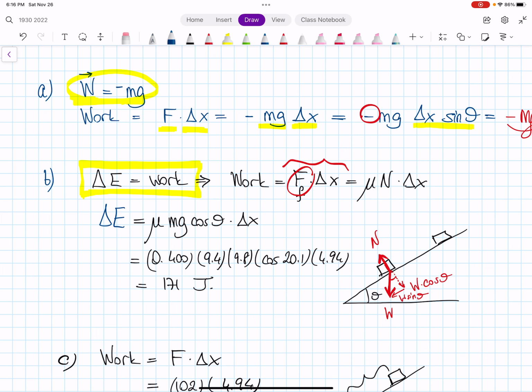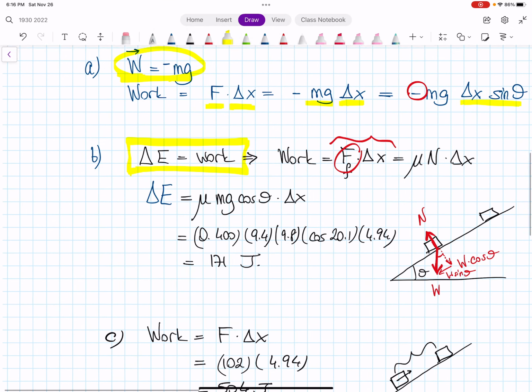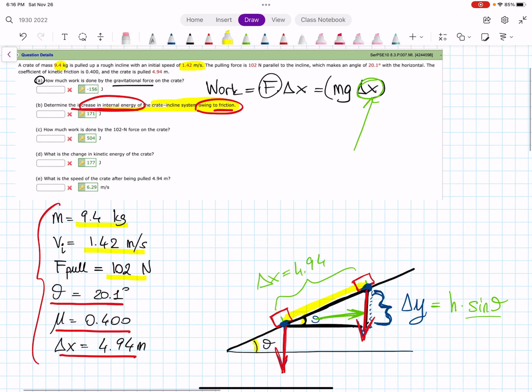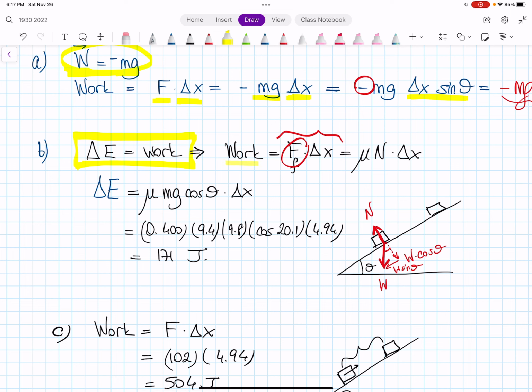There's a change in the internal energy due to what? Due to the external work being done. What type of work are we talking about? The problem is telling you specifically force of friction. So now you put down work is equal to force of friction times the displacement. This is the definition of work. Mu times N times delta X, everybody. After all, force of friction is nothing more than mu times N times the delta X.